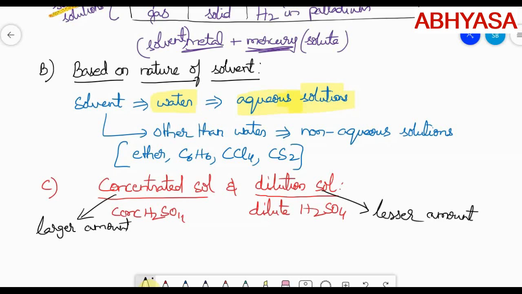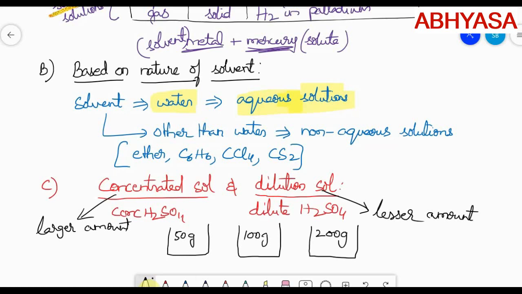There is no specific amount, like lesser means it should be only 5 grams or 10 grams or 20 grams. It's a relative term. We are comparing two solutions. Out of those two, the one having more solute is the concentrated solution, and the other one becomes the dilute solution. For example, if I take 3 vessels containing sugar dissolved in 1 liter water, here I took only 50 grams of sugar, here 100 grams, and here 200 grams.